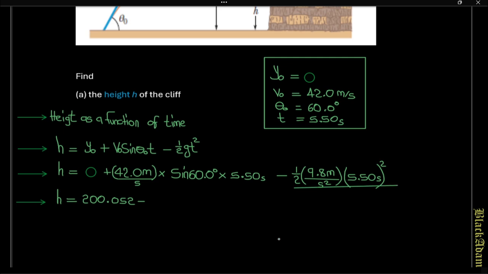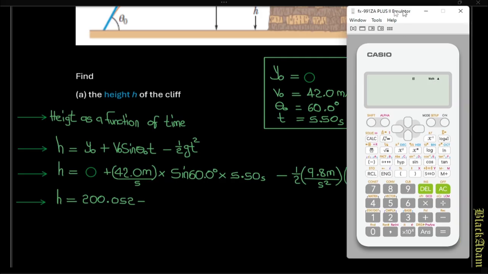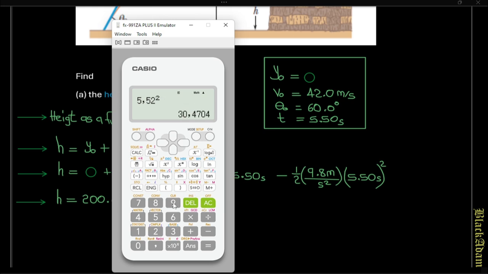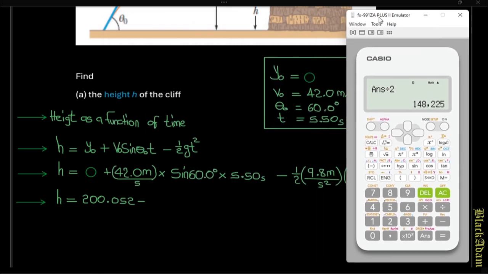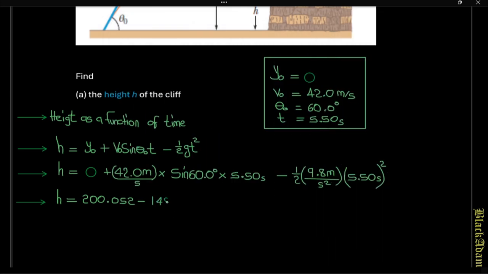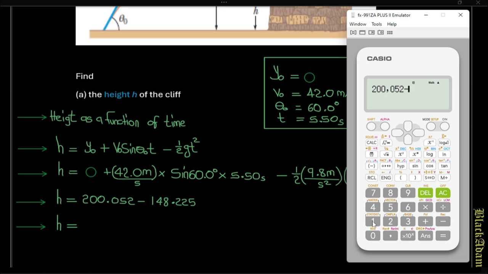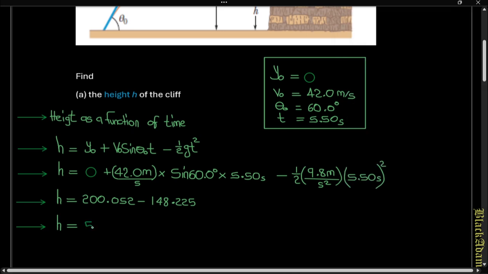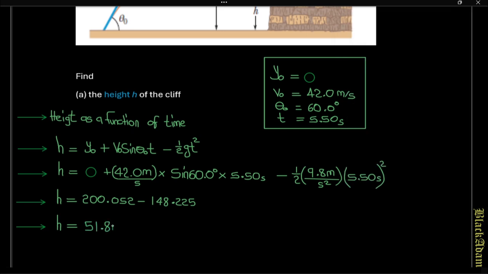Then we solve the other term: 5.50 squared multiplied by 9.8 divided by 2, which is 148.225. So our height in simplified form is 200.052 minus 148.225. Our answer is 51.8, so that's 51.8 meters.